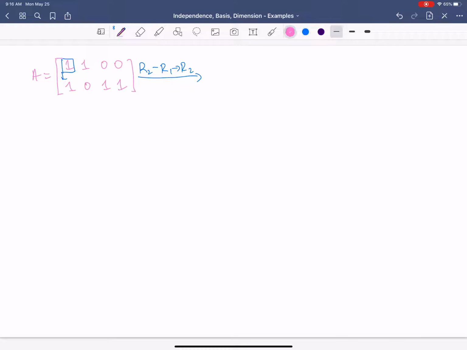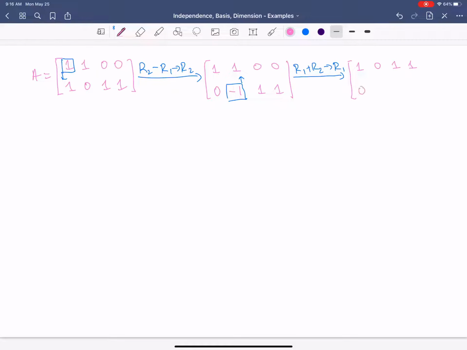And in fact, I'm going to get to the reduced row echelon form. So I have 1, 1, 0, 0. Then I have 0, negative 1, 1, 1. And one more step which eliminates above the pivot, and then I'm going to multiply by negative 1. So I have R1 plus R2 into R1 to give me 1, 0, 1, 1.